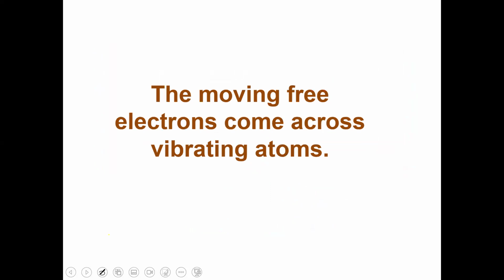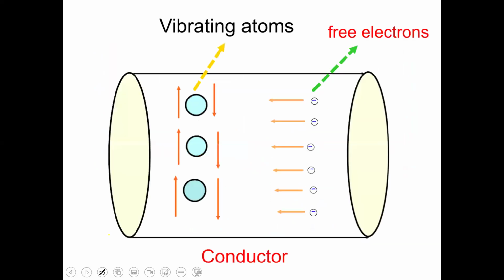So, when these electrons are moving, they come across vibrating atoms. These atoms are vibrating on their mean position and they disturb the moving electrons. This phenomenon is called resistance. So, what is resistance?